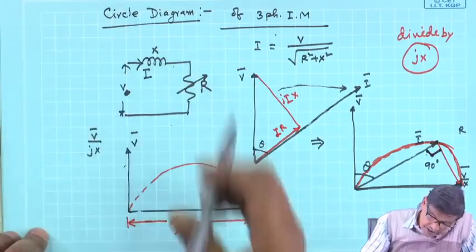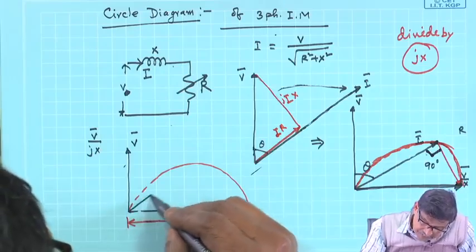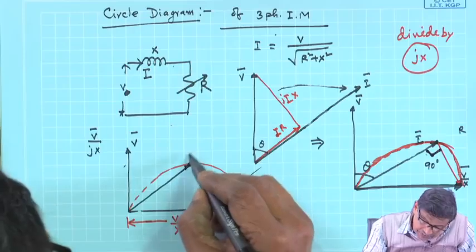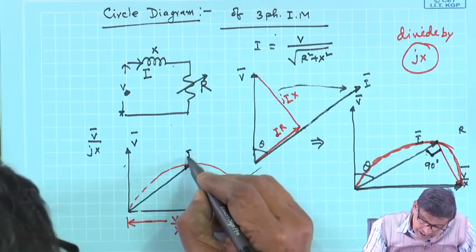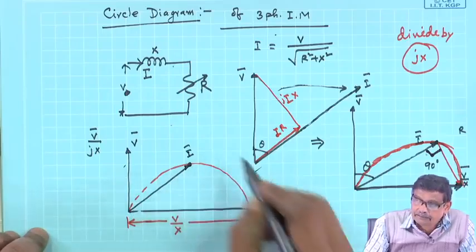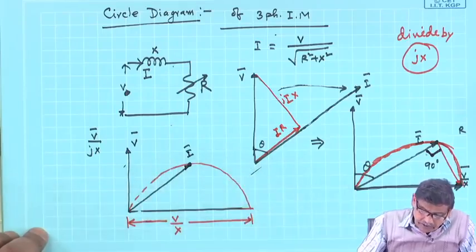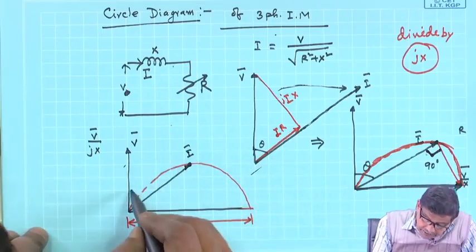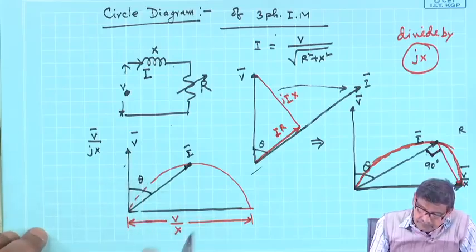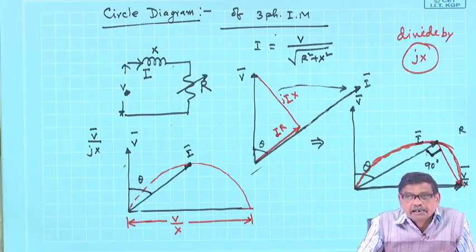And for any value of r, this will be the tip of the current. It must lie on any point on this circle, depending on the value of r, and this is the power factor angle theta. That is all. Diameter is V by x.